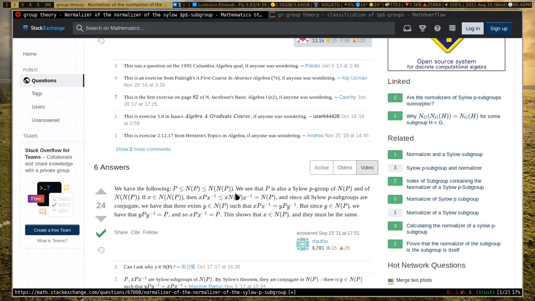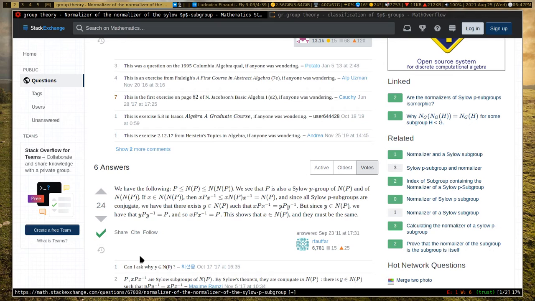Now, I don't know, wait. So what we haven't used, that this proof is using, is that our group P is not just a Sylow subgroup of G, it's also a Sylow subgroup of its normalizer.